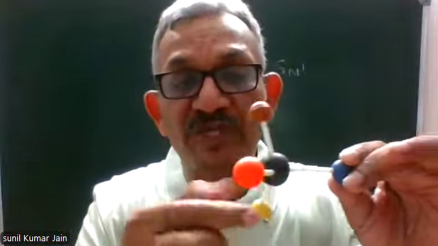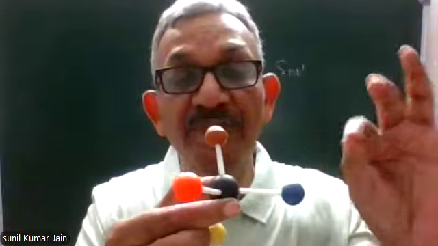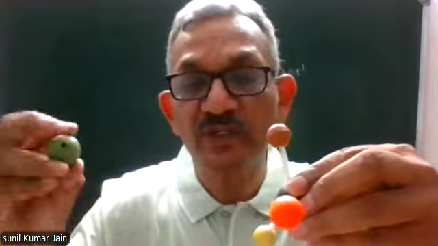When this bond forms, at the same time, this bond between carbon and halogen will break, and the halogen will leave as halide ion. This goes away. These three bonds will be inverted, meaning they will come this side. I'll show you with the help of another model. These three bonds will come this side, and this nucleophile will form a bond on this side.